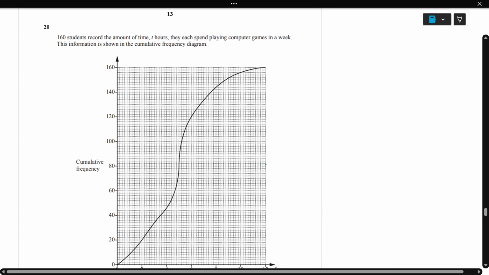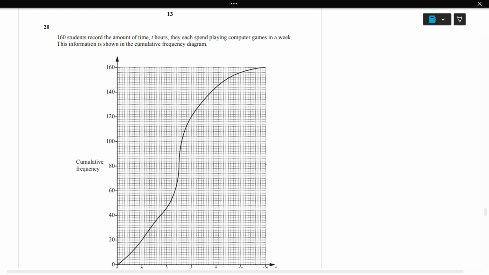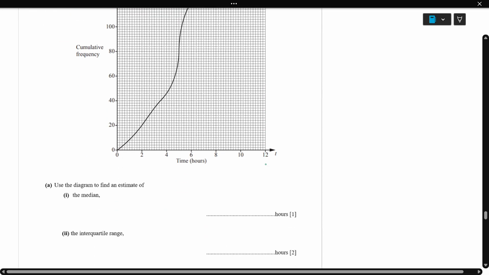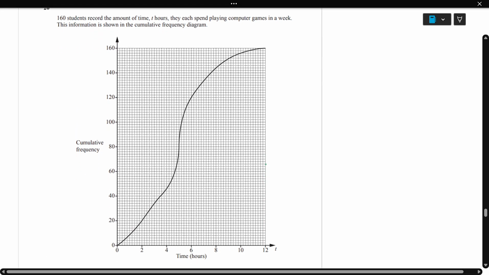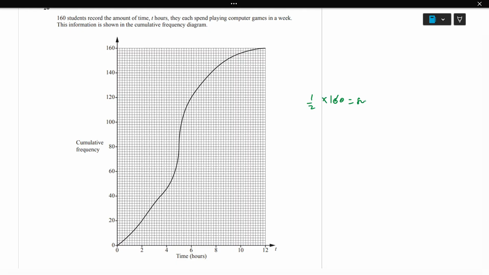Next one, question 20. 160 students recorded the amount of time, in hours, they each spent playing computer games in a week. Okay, the information is shown. What's the first question? The median. There are 160 students. Median is going to be half of 160, which is 80.